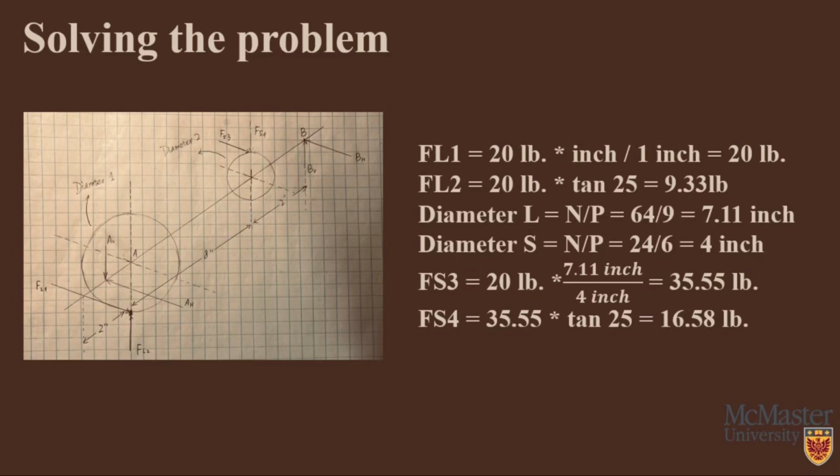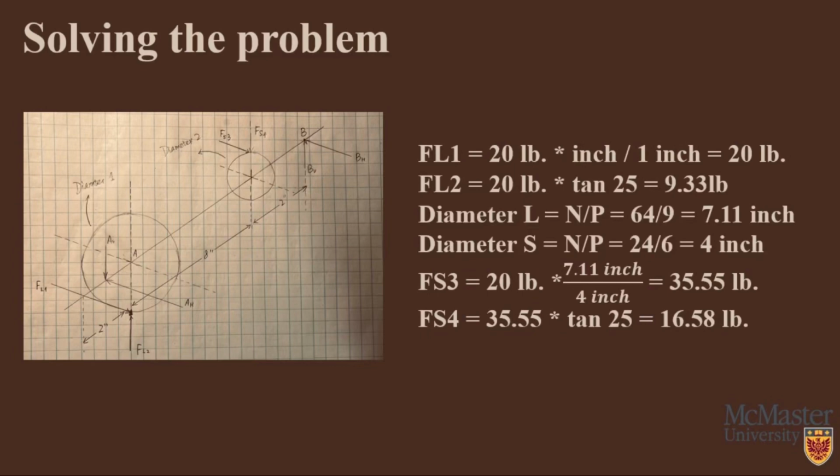Then it's time to solve the problem. From the free body diagram, we can see that the force large 1 equals 20 pound-inches over 1 inch, which equals 20 pounds. The force large 2 equals 20 pounds times tangent 25 degrees, which equals 9.33 pounds. The diameter of the large gear equals N over P, which is 7.11 inches, and the diameter of the small gear equals N over P, which is 4 inches.